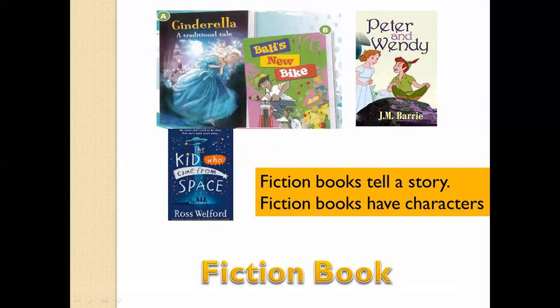So Bali is the character. Peter and Wendy, when we study this book, we come to know about these two characters. The Kid Who Came from Space, in this, we study about the kid. So the fiction book tells us a story, and fiction books have characters.